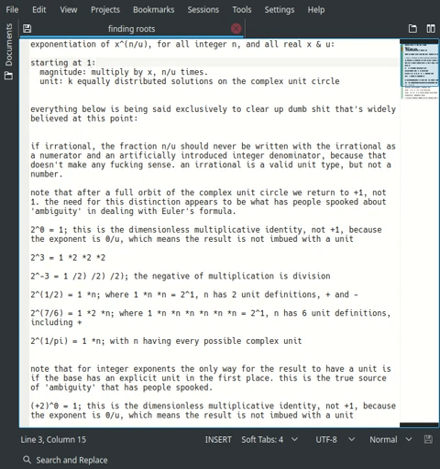Starting at 1, multiply by x, n on u times, and you will get k equally distributed solutions for the unit, equally distributed on the complex unit circle for the unit. There you go.